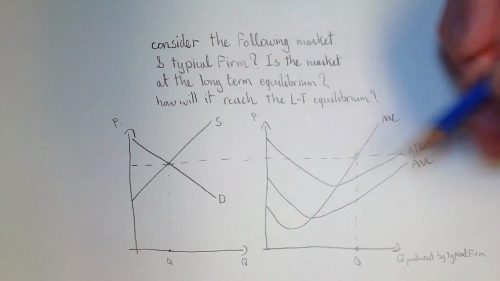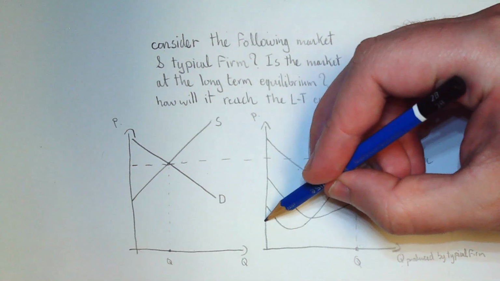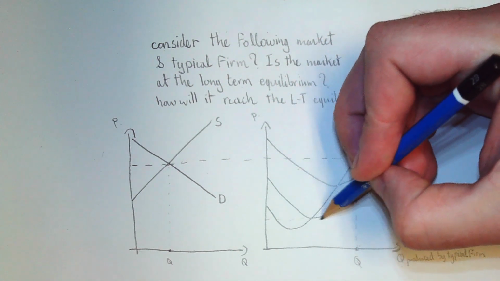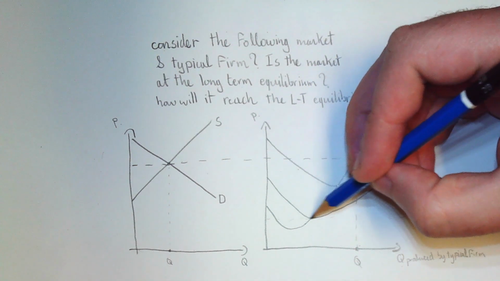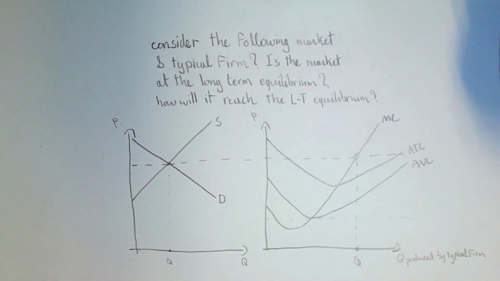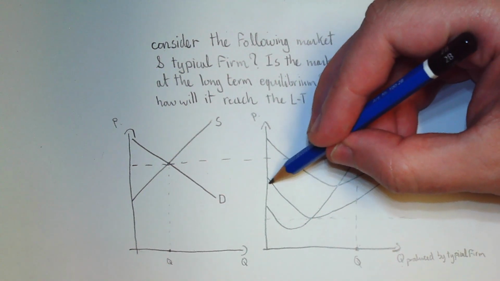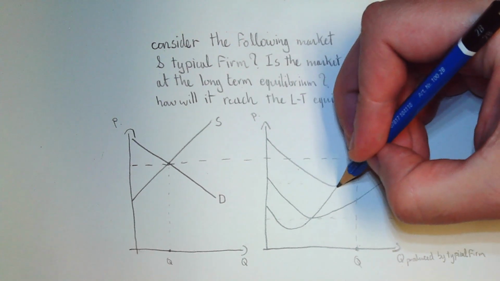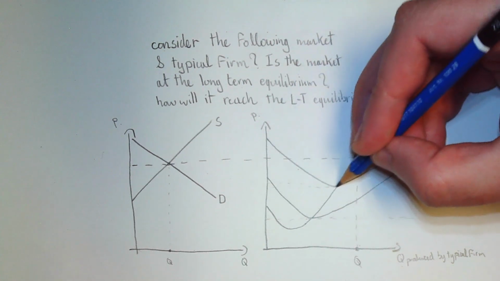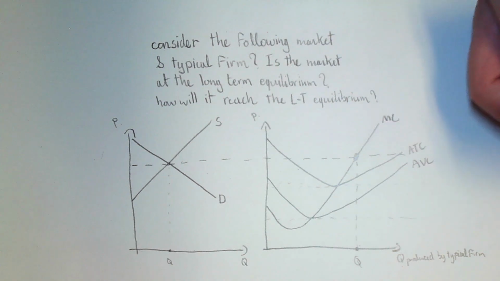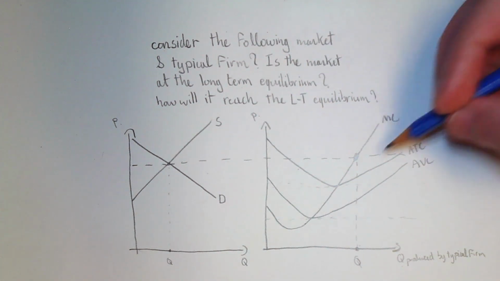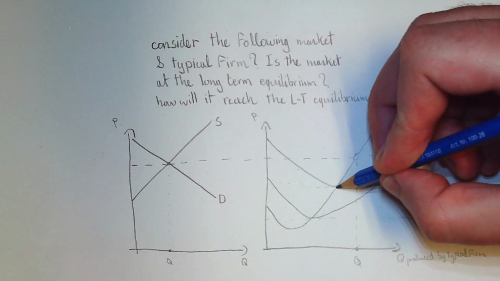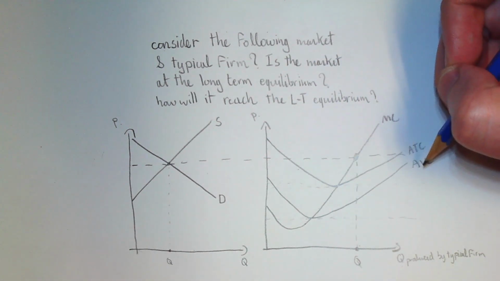Notice that this quantity is above the shutdown price. You should be able to tell me really quickly that the shutdown price is right here at the minimum of the AVC, and that the break-even price is right here at the minimum of the ATC. Because this price is above the shutdown price, we have positive economic profit.